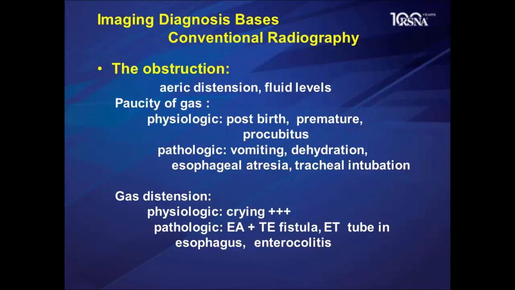When it comes to gas distension, it could be a physiologic condition, too much crying, or in pathology, we have esophageal atresia with TE fistula, where the air goes to the GI tract through the fistula. When the ET tube is in the esophagus, of course, it may happen, and of course in severe enterocolitis.